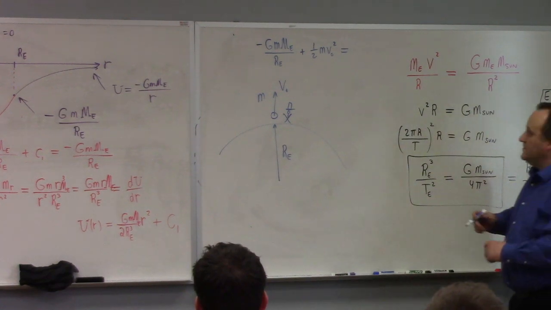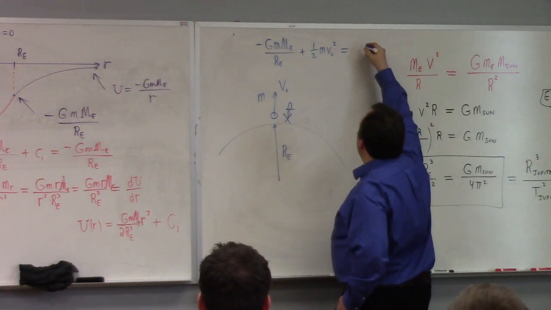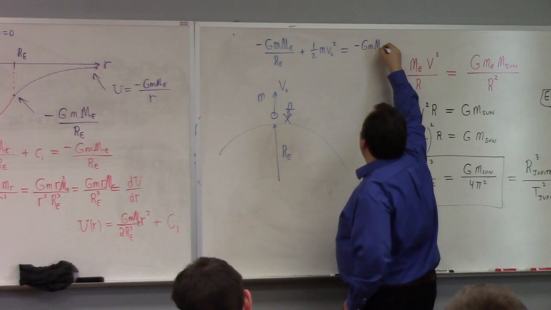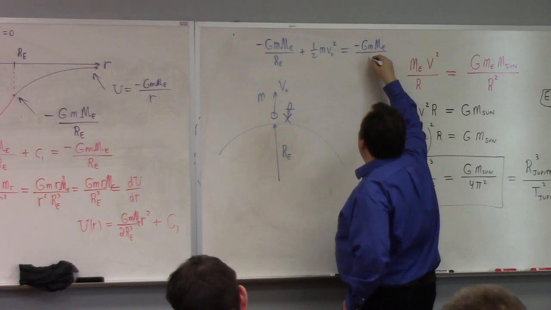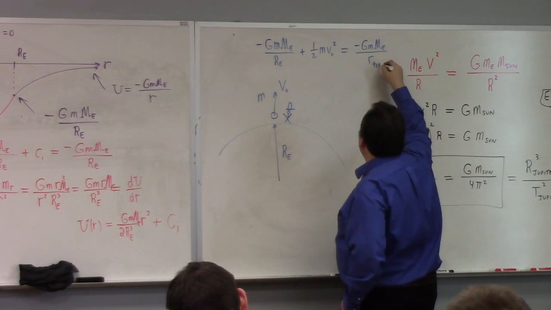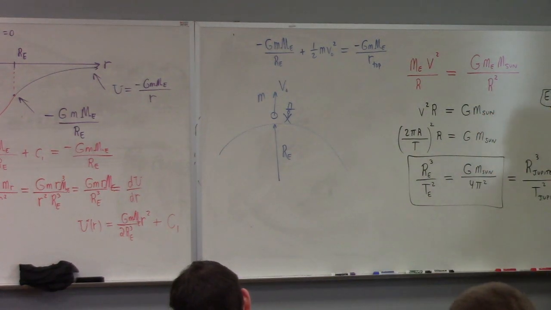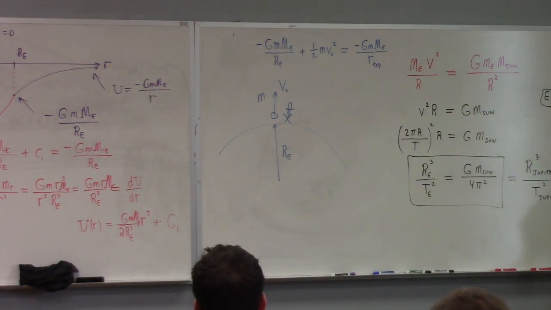We could solve this for what? Minus G m, mass of the Earth, divided by the top radius it gets to, right? When does that equation have a solution?